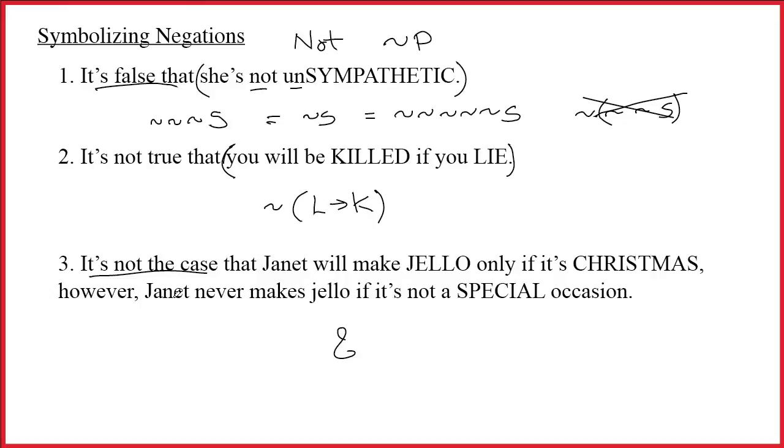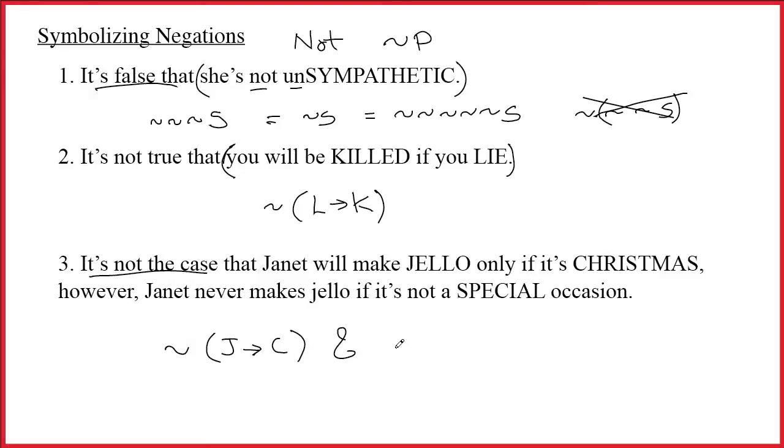That's where the break is. And so it's not the case that won't negate everything. How do you symbolize Jell-O only if it's Christmas? Well, remember, the rule for only if says what follows only if is the consequent. So this is actually going to be J arrow C. Now that will need to go in parentheses, and the it's not the case that is actually negating that expression.